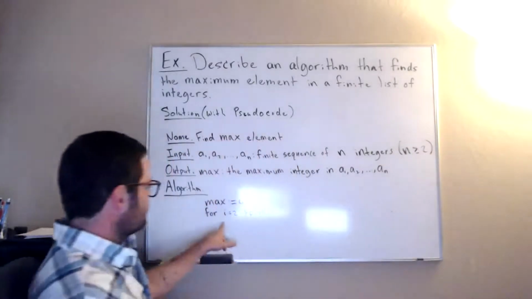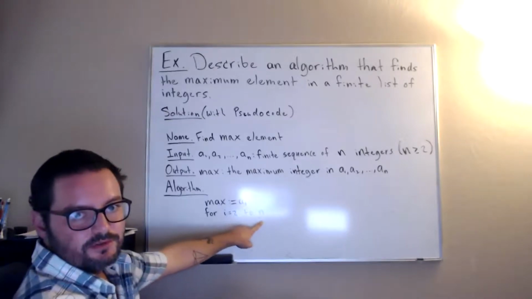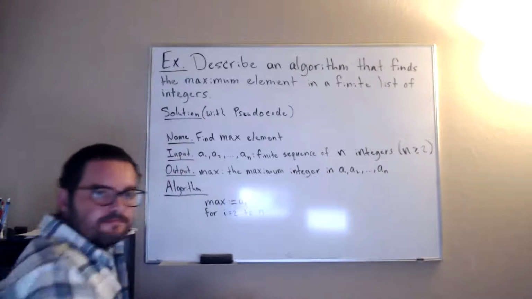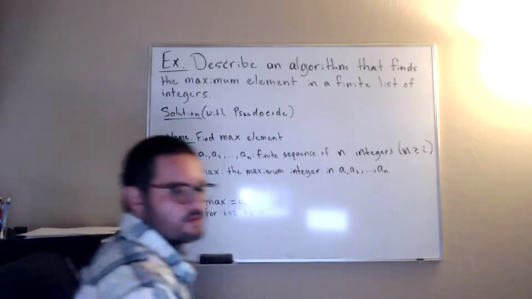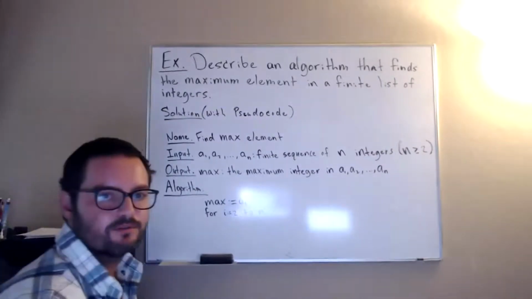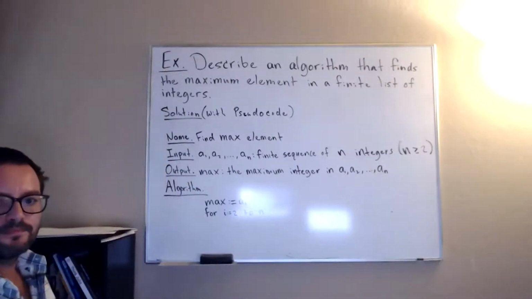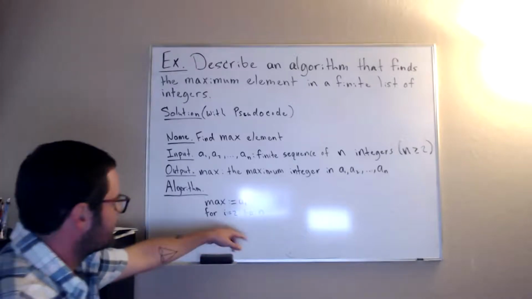So this for loop is going to check each i from 2 to n.